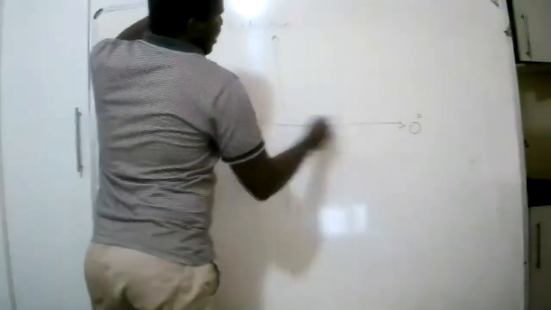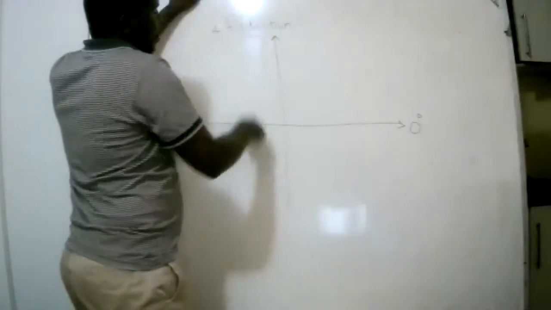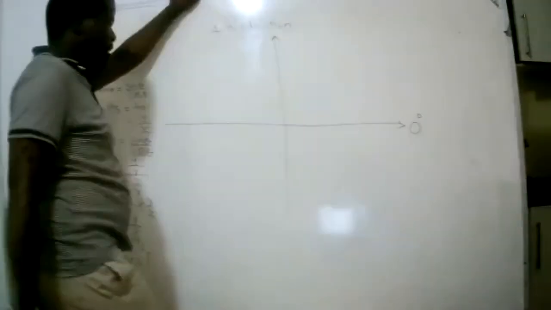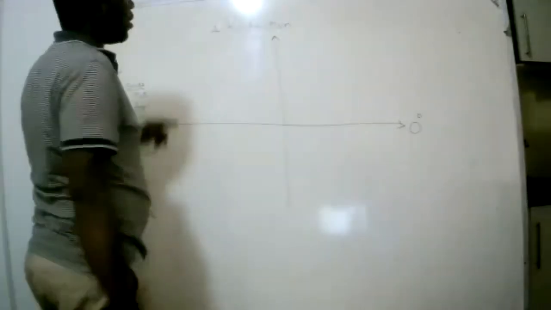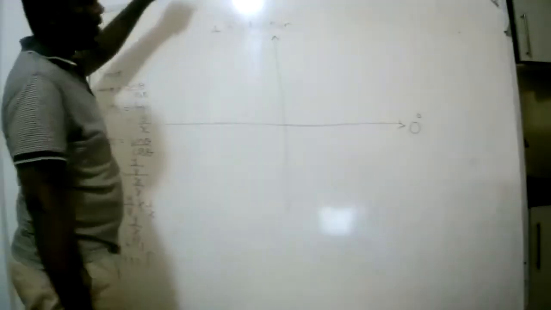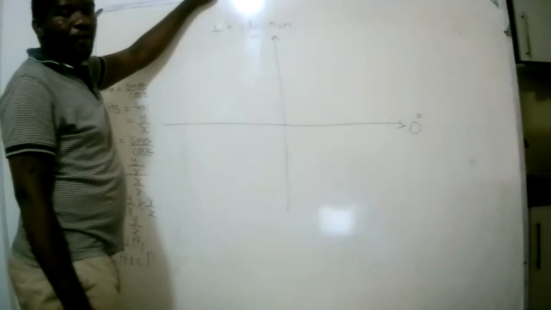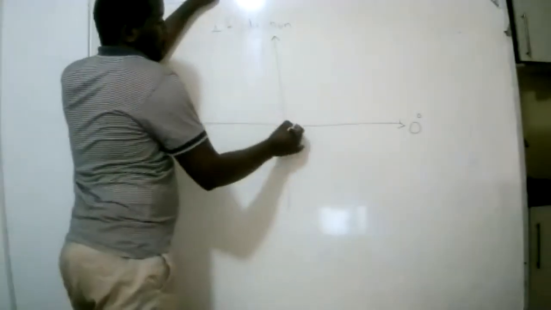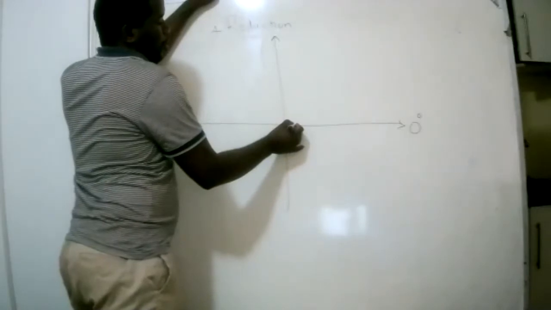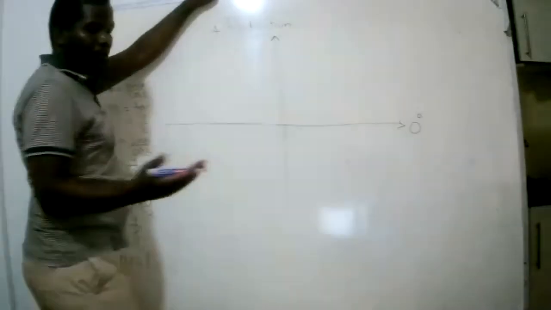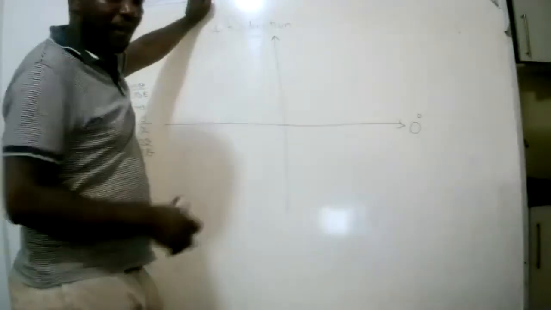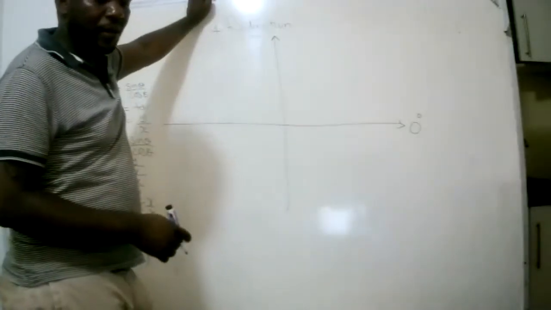So now down here we have 0 degree. We are given a 0 degree there. If you know about this, can you tell me what angle are we going to have up there? If this is a Cartesian plane, what angle are we going to have up there? So if the angle or the degree? Angle or the degree is the same. Angle and degree is the same. So what degree do we have up there? 90.